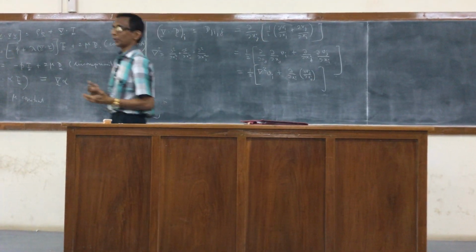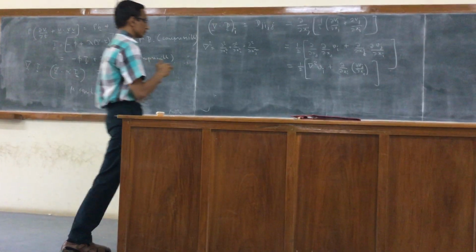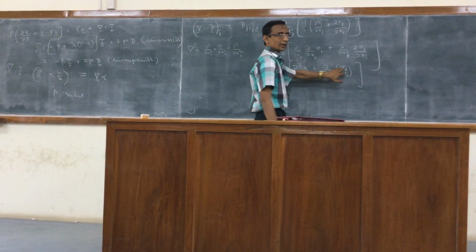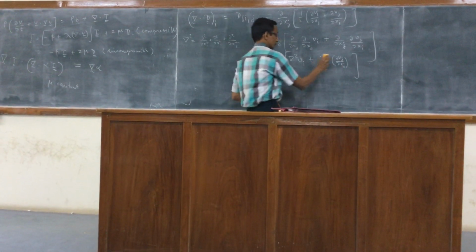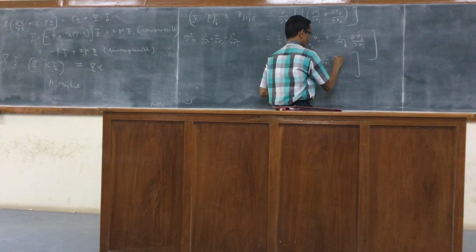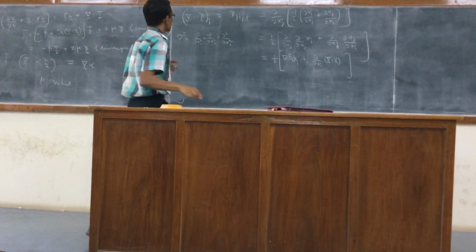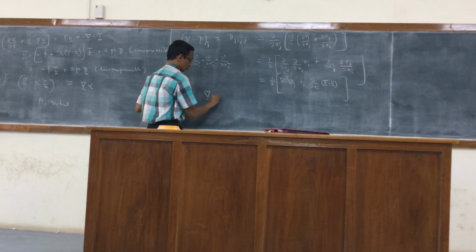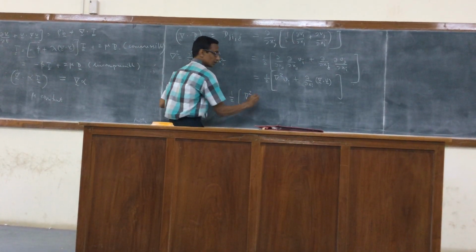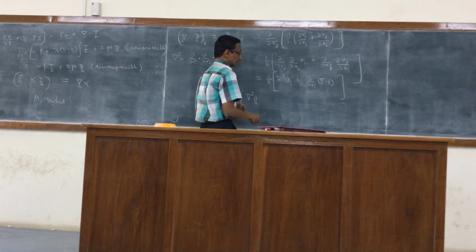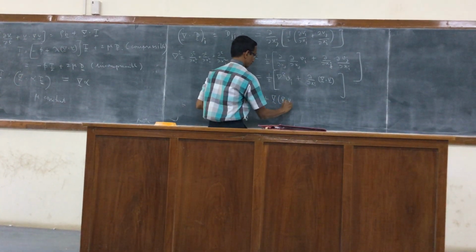So what is dv_j by dx_j? It is the divergence of v, and this is the ith component. So clearly now I can write the divergence of D as half times the Laplacian of the vector v plus the gradient of the divergence of v.